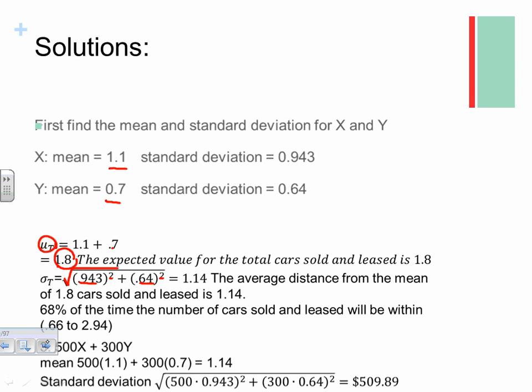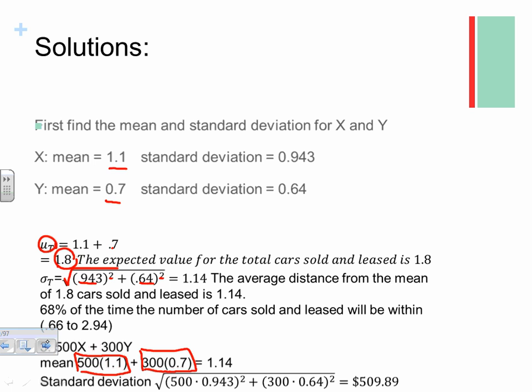All right, so then the new part says the dealership's manager gets a $500 bonus and a $300 bonus for the lease. Find the mean and standard deviation of that. So we can take 500 times the bonus for sold plus 300 times the bonus for the leased.